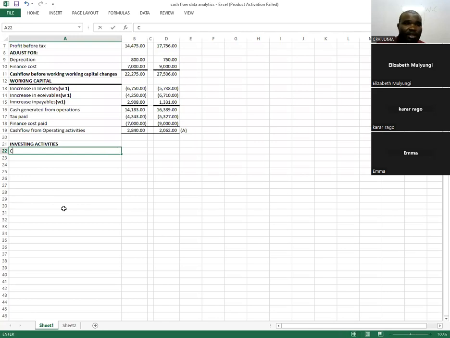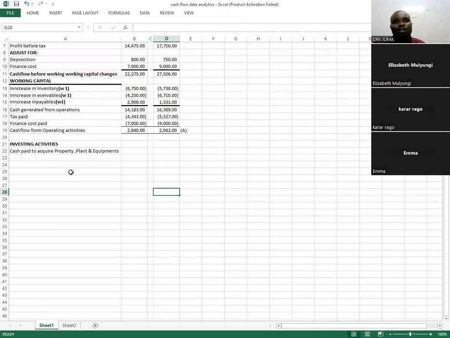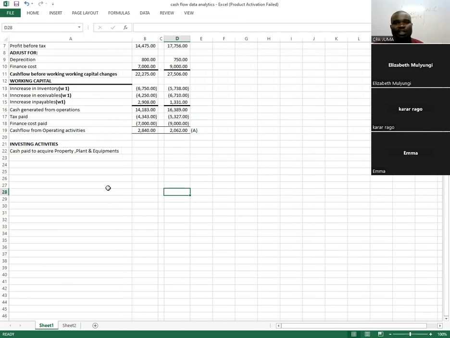So you come here and say cash paid to acquire property, plant, and equipment. That one, though it's easy, it's just this minus this, can move very fast.